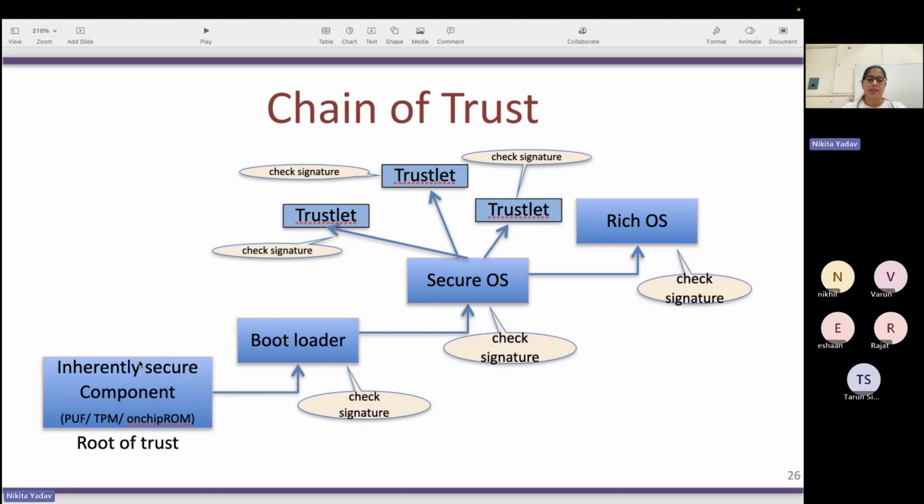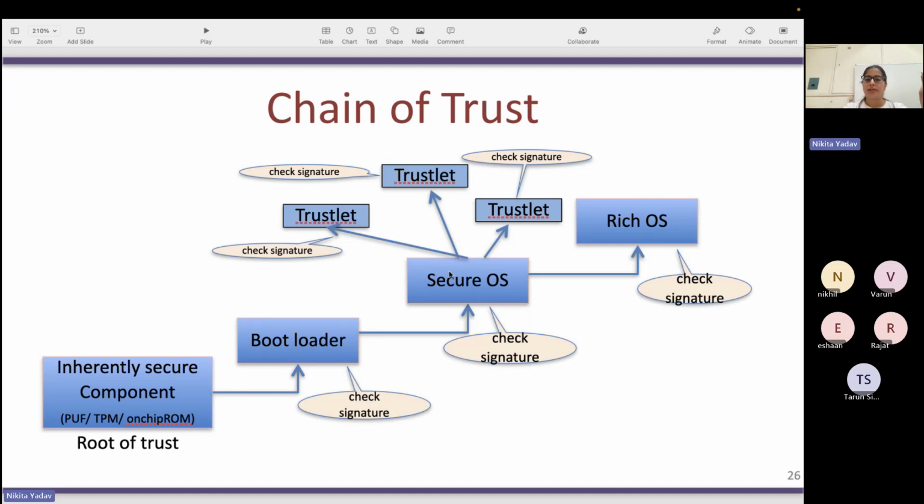Once this component has verified this, it gives control to the bootloader. Then the bootloader computes the hash of the next component in the boot chain, the secure OS. It will have a hash value known ahead of time, which it is going to compare against.